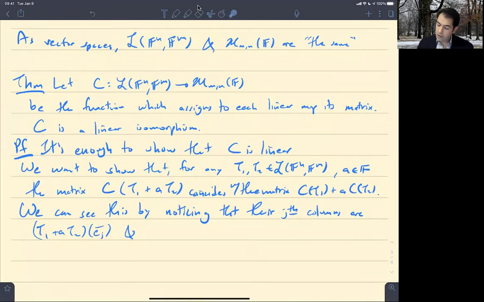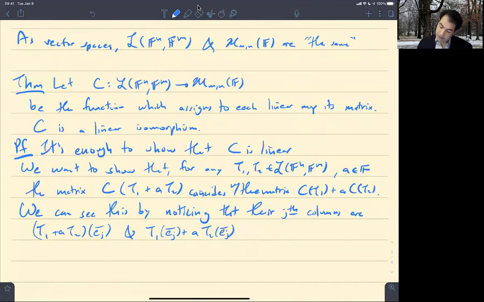And the jth column of this matrix is what I get by finding the jth column of this guy plus a times the jth column of this guy. And the jth column here is just what you get from applying this linear map to e_j. That is to say, the jth column here is T1 of e_j plus a times T2 of e_j, right?